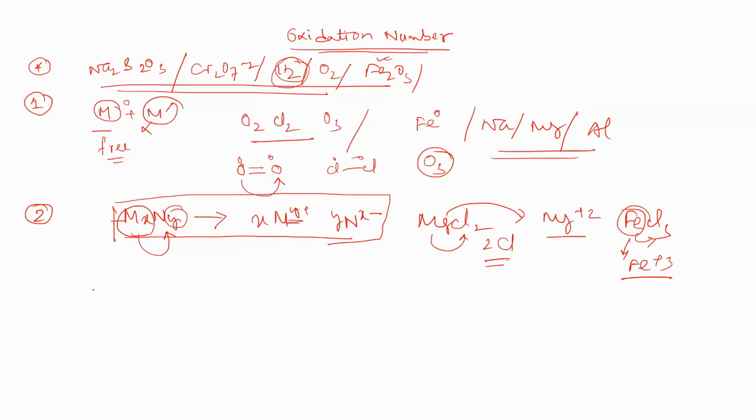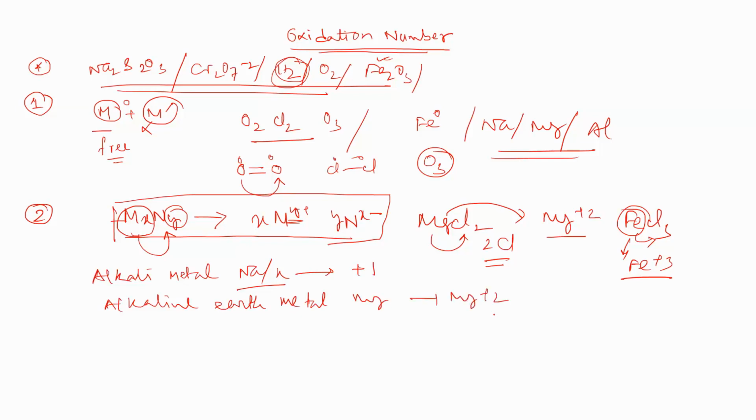So we can say that for the alkali metals, like sodium, potassium, the oxidation state is plus 1, and for the alkaline earth metals, like magnesium, the oxidation state is plus 2.